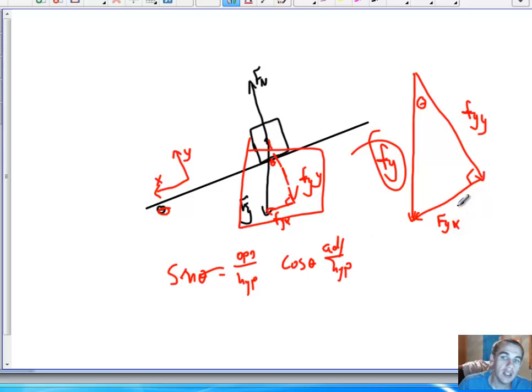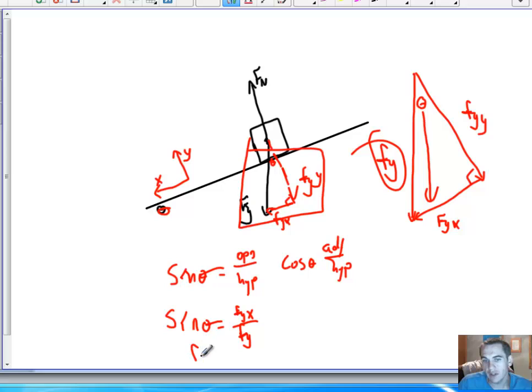If I'm interested in Fgx, I'm interested in the opposite side of the angle, so I'm going to use sine. The sine of theta is equal to Fgx, opposite, over the hypotenuse, which is Fg, and if I solve that for Fgx, I have Fg sine theta equals Fgx.